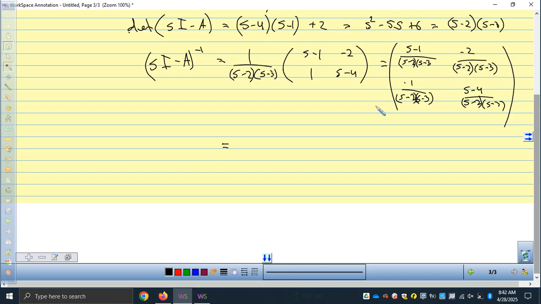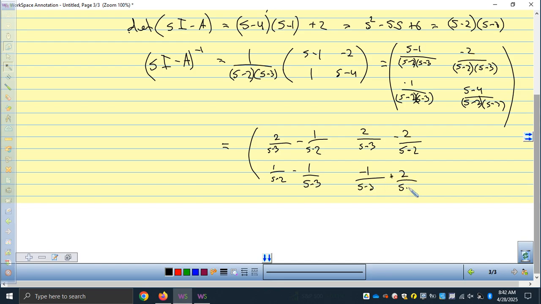So when we do partial fractions here, we get 2 over s minus 3 minus 1 over s minus 2. 2 over s minus 3 minus 2 over s minus 2. 1 over s minus 2 minus 1 over s minus 3, and negative 1 over s minus 3 plus 2 over s minus 2.